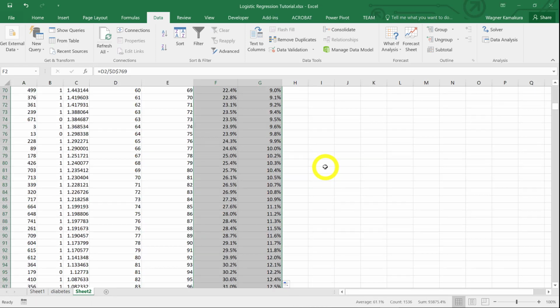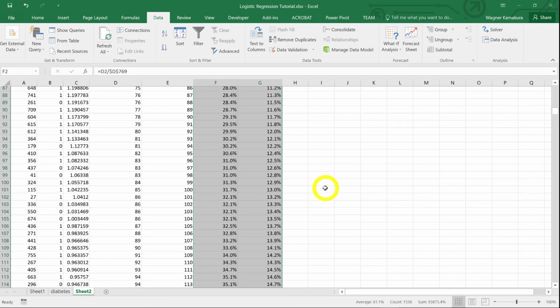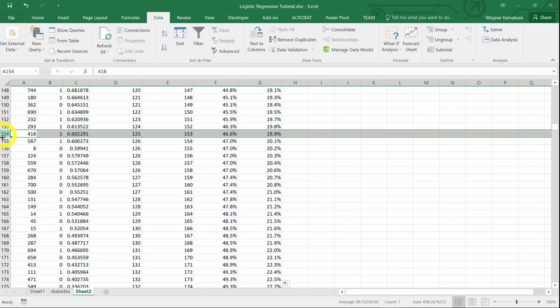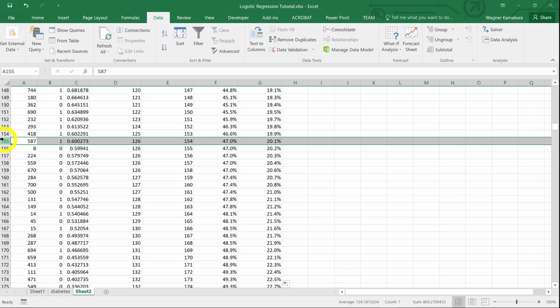So now we can see how well the propensity score isolates diabetic patients from non-diabetics. The top 20% of patients with the highest propensity include 47% of all the diabetic patients. It shows that the propensity score really helps identify diabetic patients from non-diabetic.